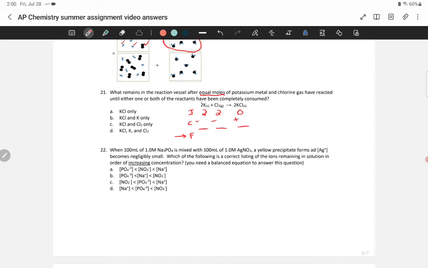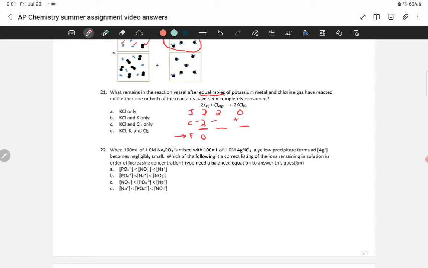So it's a 2 to 1 to 2. I'm going to erase those numbers, but that means that 2 potassiums have to be used up for every 1 chlorine. So if I would go like this, 2 minus 2 would be 0.